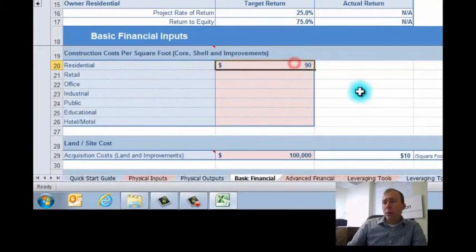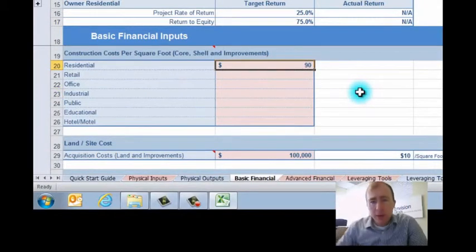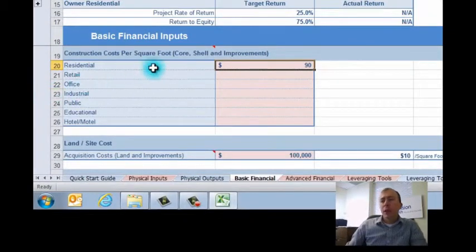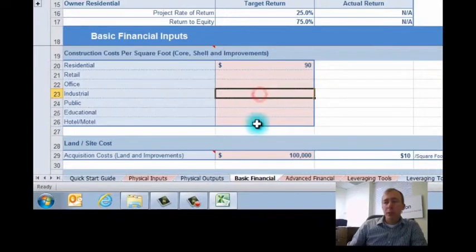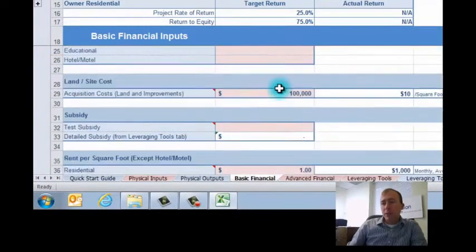And what I would go in, again, I'm looking at the pink cells, and I would add right here my construction cost per square foot. Now this is for core shell and improvements, does not include land. So I'm going to plug in $90 here for construction costs. Now if I had retail or office or industrial, I could plug those in these cells.